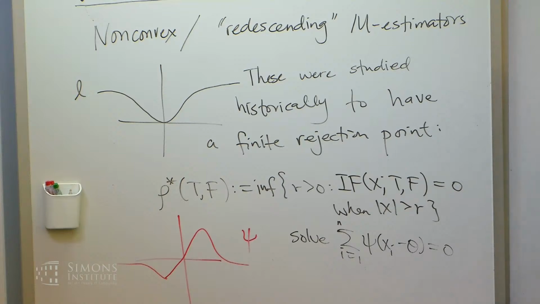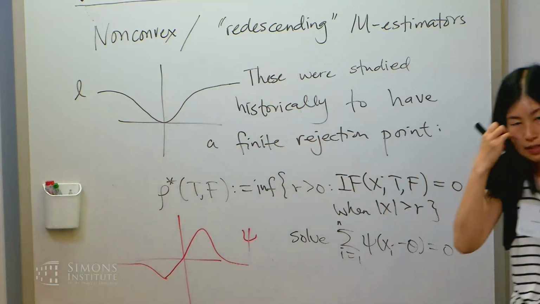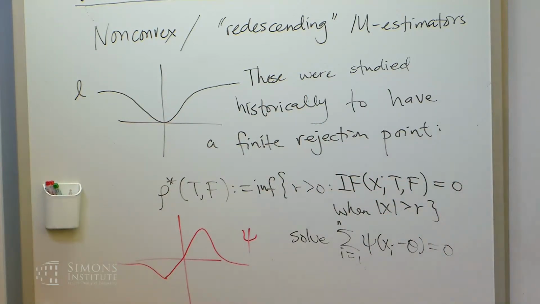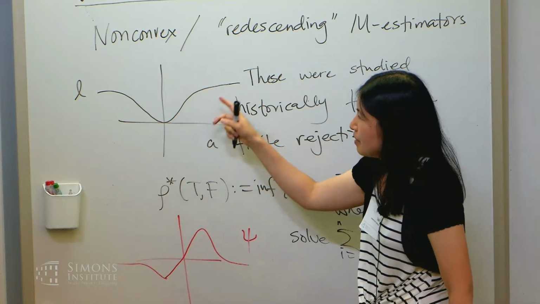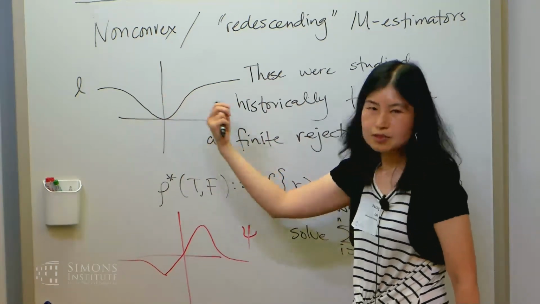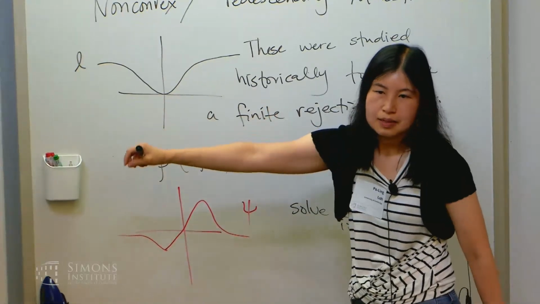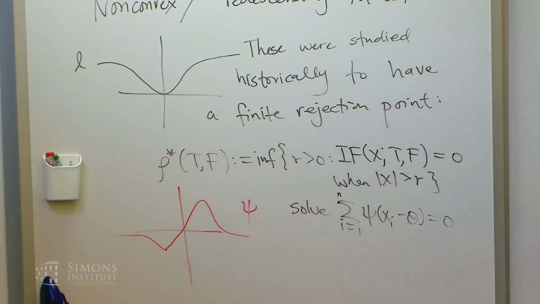But one very interesting result about redescending M-estimators is that although it might be hard to find a global optimum of a non-convex thing, it turns out that if you just care about asymptotic properties of the global optimum, you can get that by finding a local optimum, or something close enough to the solution, and taking one gradient step, and you have the same sorts of asymptotic results. So I'll just mention this.